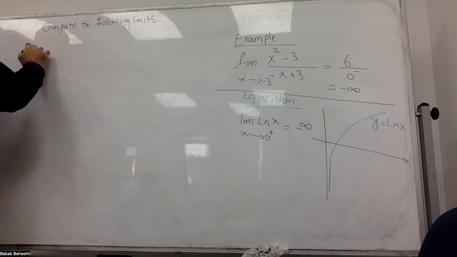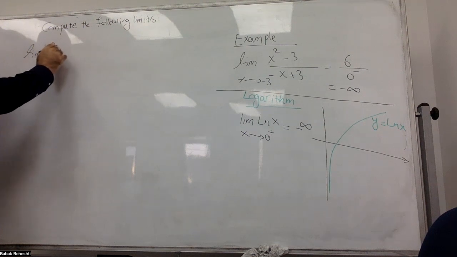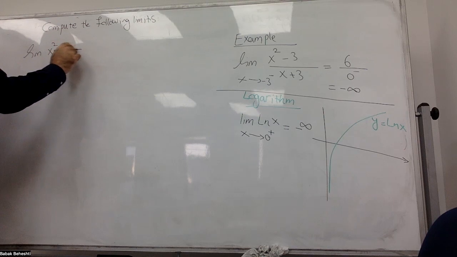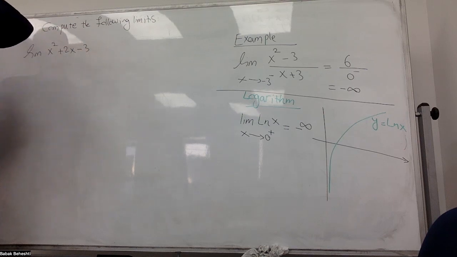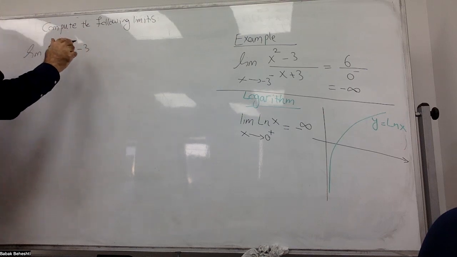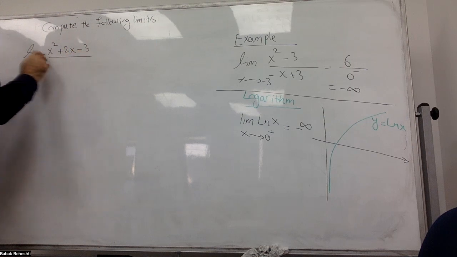Part A: the limit of x squared plus 2x minus 3 divided by 2 minus x, x goes to 2 plus.